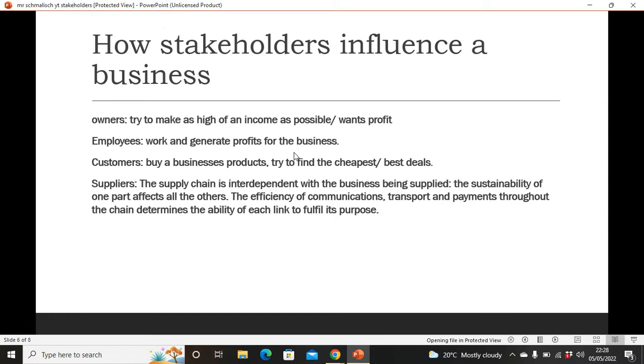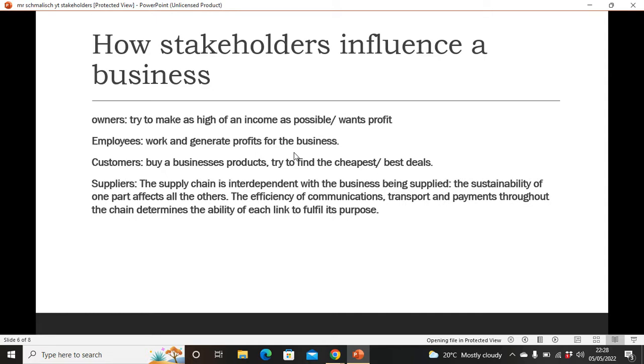Suppliers influence the business because the supply chain is interdependent with the business being supplied. The sustainability of one part affects all the others. Interdependent just basically means it's all linked in together. They can influence a business positively if they provide good quality raw materials.